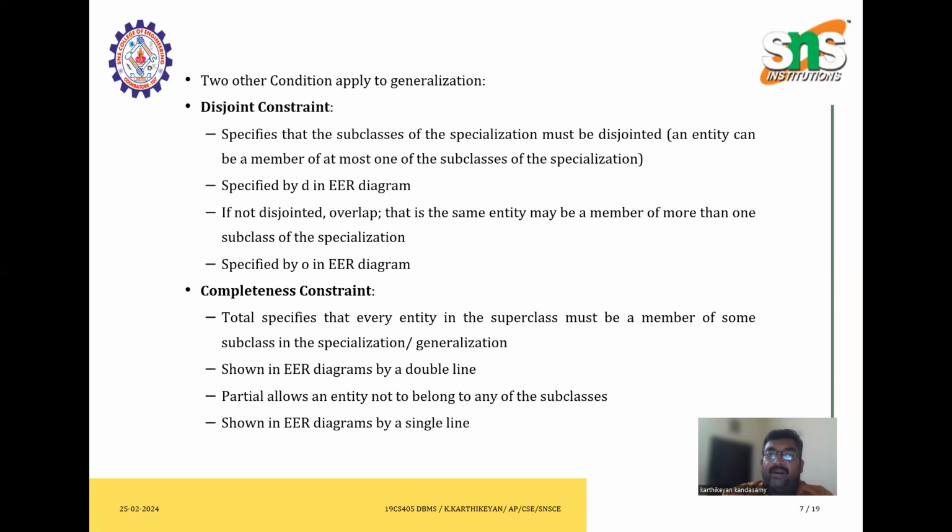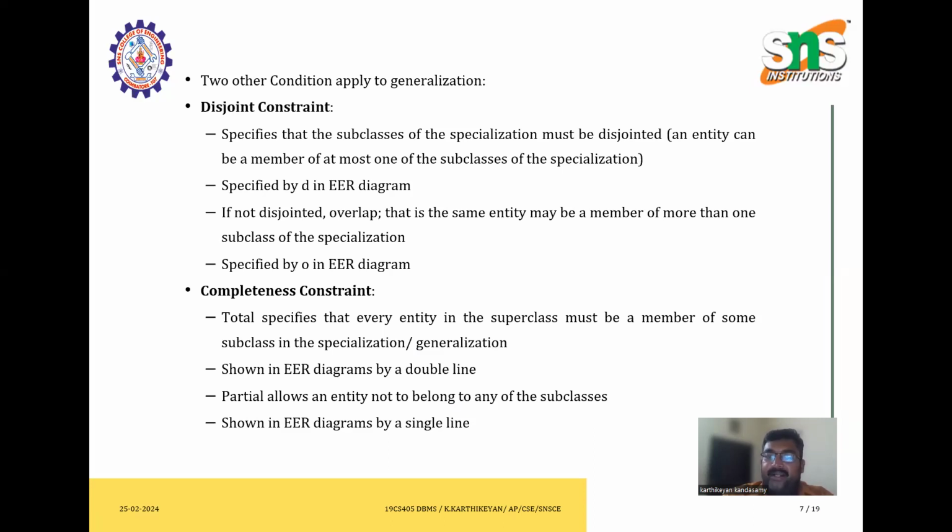If not disjoint, they overlap, that is, the same entity may be a member of more than one subclass of the specialization, and this is denoted by O in the ER diagram.